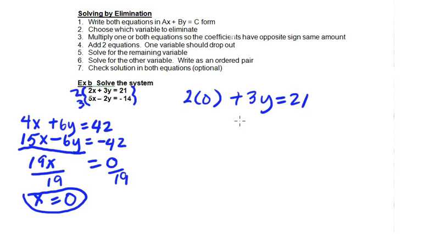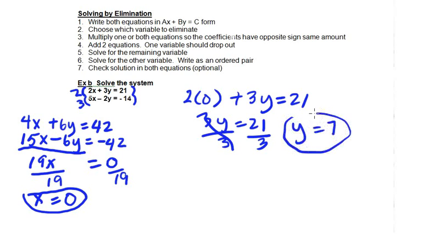And simplifying that, we get 3y is equal to 21. And finally, solving for y, we divide by 3. And we get then that y is equal to 7. So that's our y value. And if we write this as an ordered pair, we've got x is 0 and y is equal to positive 7.